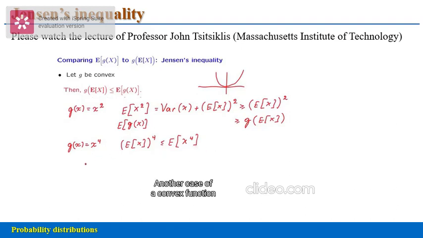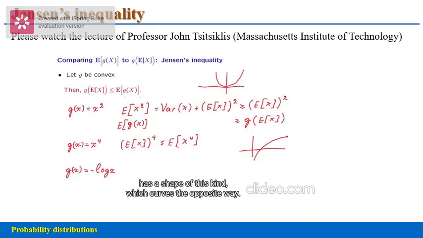Another case of a convex function is the negative logarithm. Remember that the logarithmic function has a shape of this kind, which curves the opposite way, so it's called a concave function. But if you take the negative of this function, then you're going to get something that is convex.